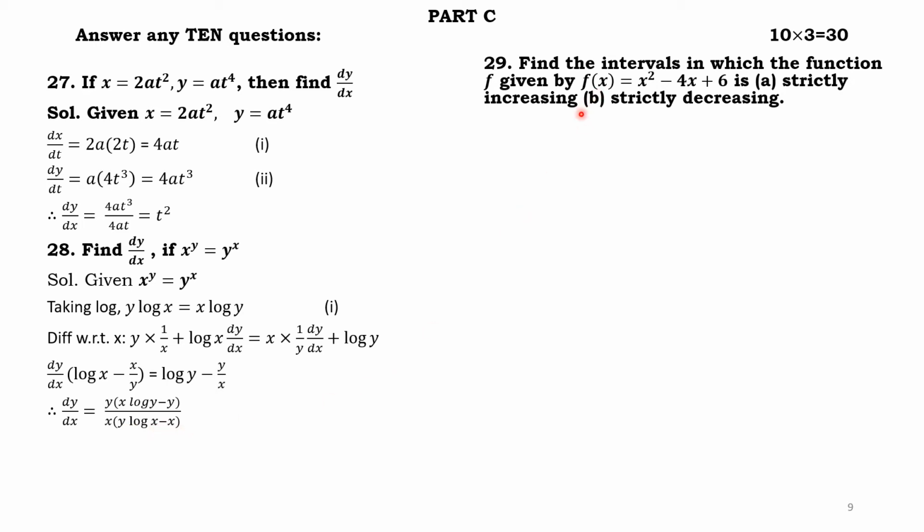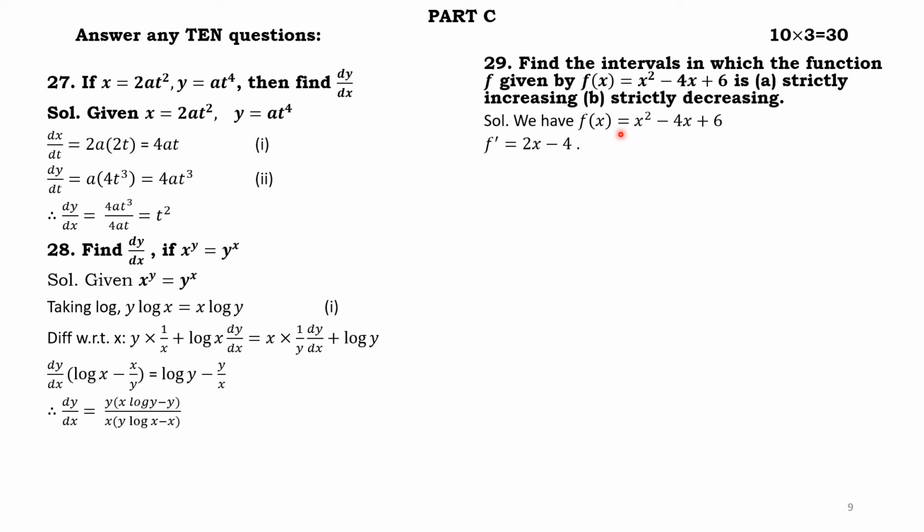Next problem. Find the intervals in which the function f given by f(x) is equal to x square minus 4x plus 6 is strictly increasing and strictly decreasing. Therefore, the given function is f(x) is equal to x square minus 4x plus 6.